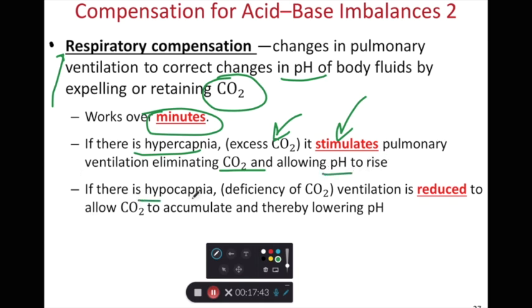If we have hypocapnia, not enough carbon dioxide in the body, we're going to lower the respiratory rhythm so that we allow more carbon dioxide to build up in the blood, making more carbonic acid and ultimately lowering our blood pH, acidifying it in response.